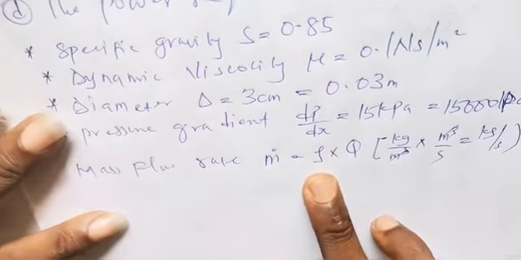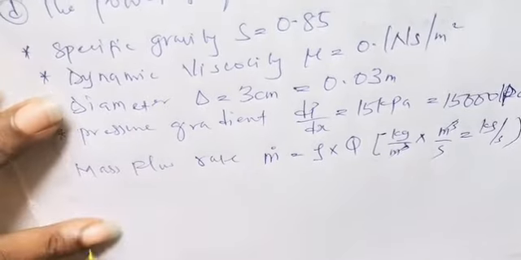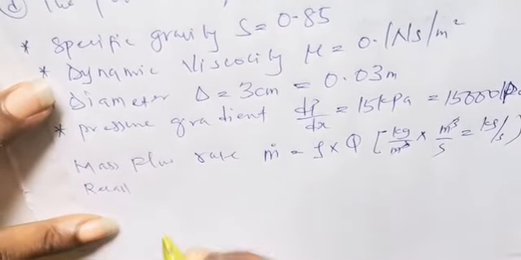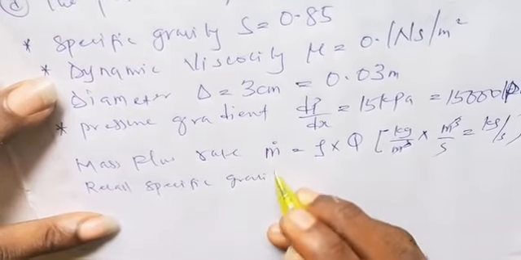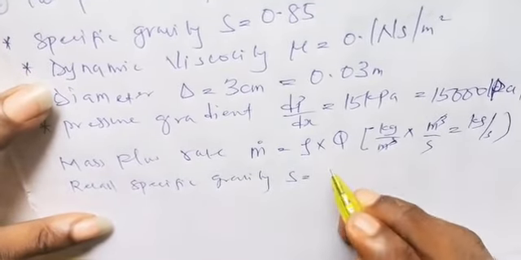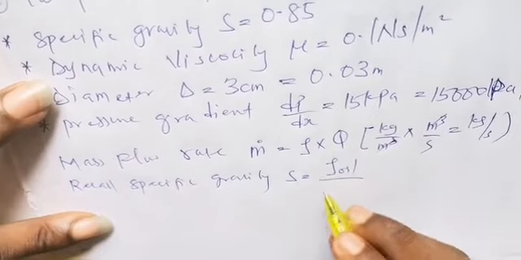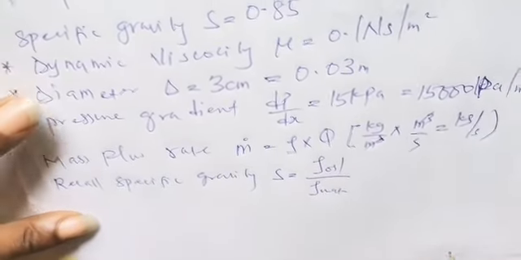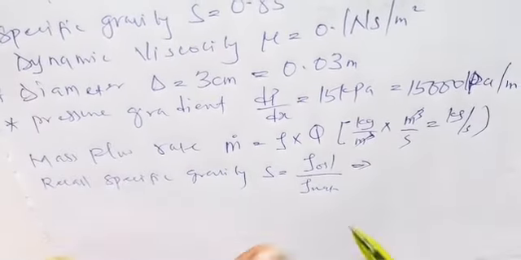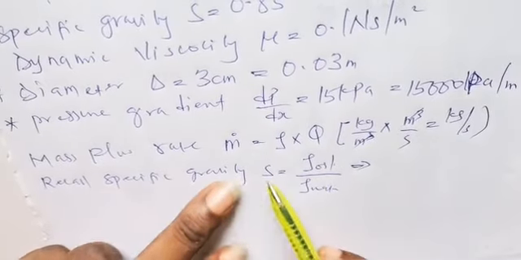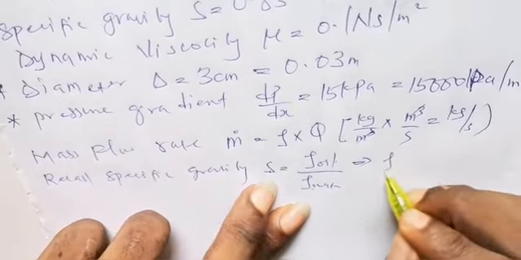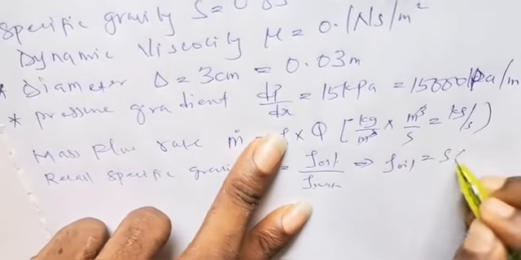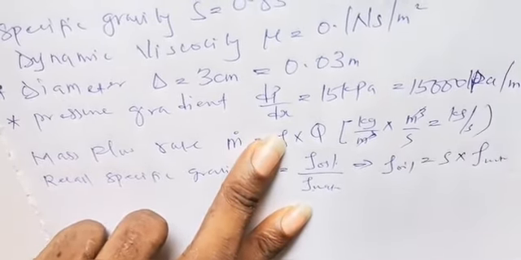Now, how do we find density? We were given specific gravity. Recall, specific gravity S is simply density of the oil over density of water. This implies that to find the density of this oil, all you need to do is cross multiply: density of oil equals specific gravity times density of water.